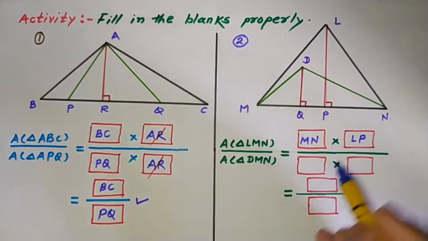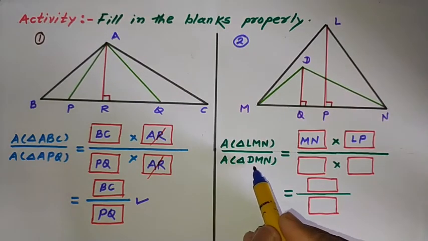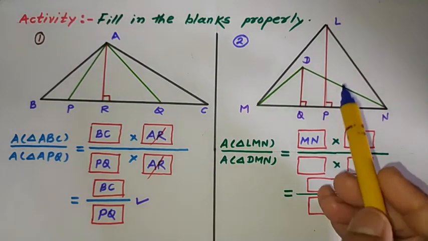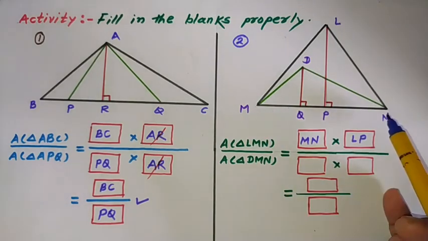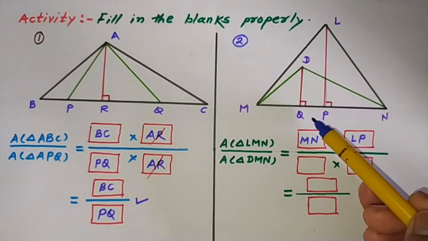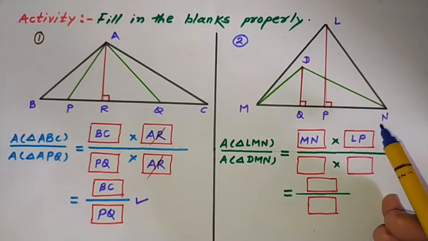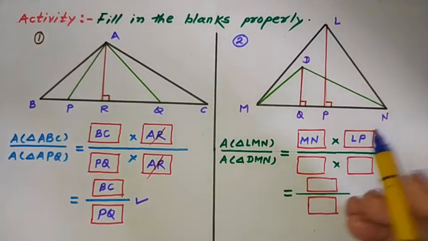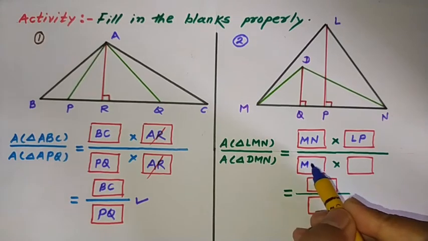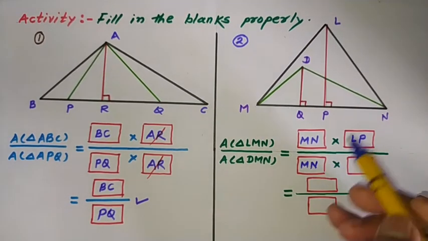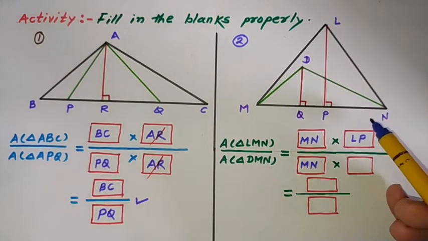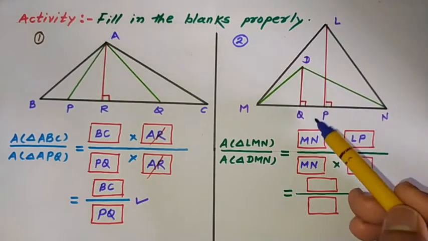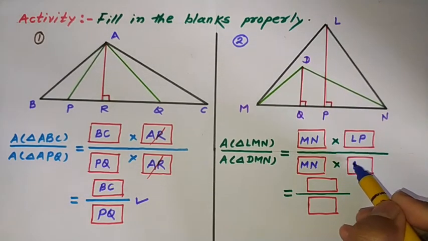And the second triangle, area of triangle DMN. In triangle DMN, segment DQ is perpendicular to segment MN, and MN is the base, and DQ perpendicular to MN means DQ is the height of this triangle.